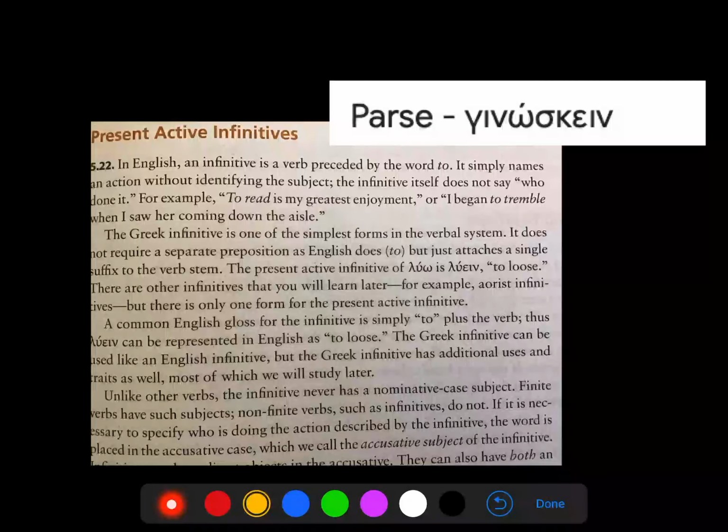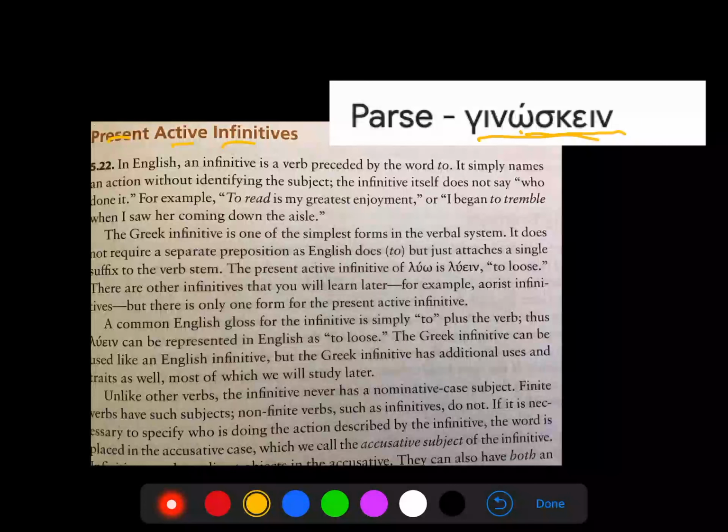Okay, and then just for fun, I threw this one in here too. I need to do more of this to get us thinking, because you need to remember this as we go. Ginoskein. That is not a passive voice at all. It's a present active infinitive. And we looked at that way back many, many lessons ago.